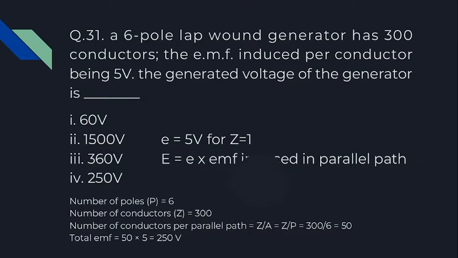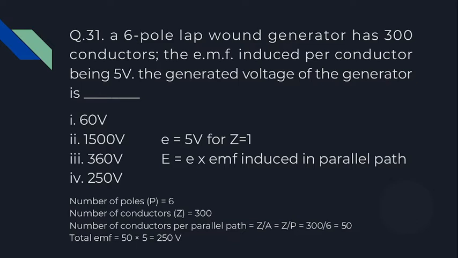I hope I made it very clear about the concept here. Don't answer by just looking at the question blindly. 300 into 5, 1500, even that option is mentioned here, but that is a wrong answer. In a generator you may be having 10 parallel paths. If it is lap wound, you will have 10 brushes, but finally we get 2 terminals out of it.